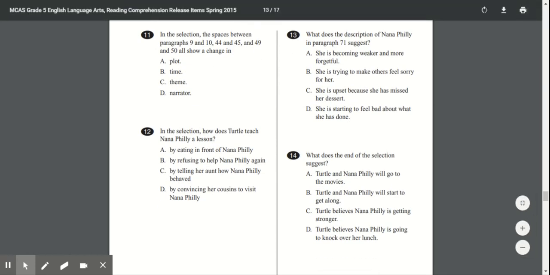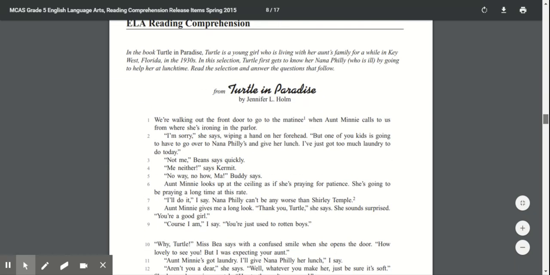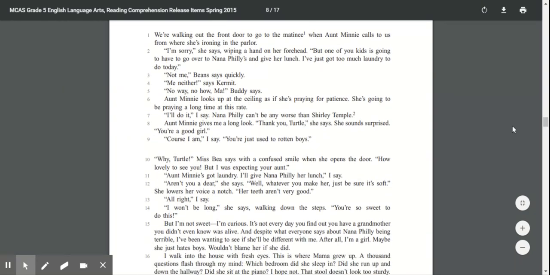All right, 11. In the selection, the spaces between paragraphs 9 and 10, 44 and 45, and 49, 50 all show a change in A, plot, B, time, C, theme, or D, narrator. Okay, let's go up to the space in between 9 and 10. So realize 9, if we scroll up to here, 9 and 10, this space right here is what they're talking about.